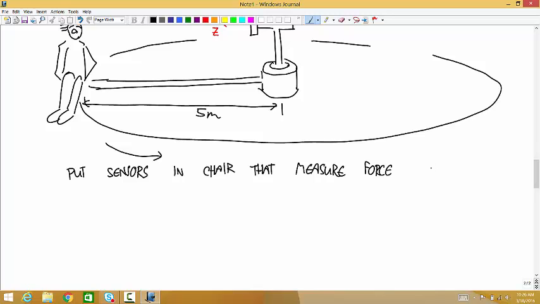It measures the force that the chair applies to the astronaut. And what I'm going to do is draw a sketch of what that camera sees as the astronaut goes by this point in 2 cases.